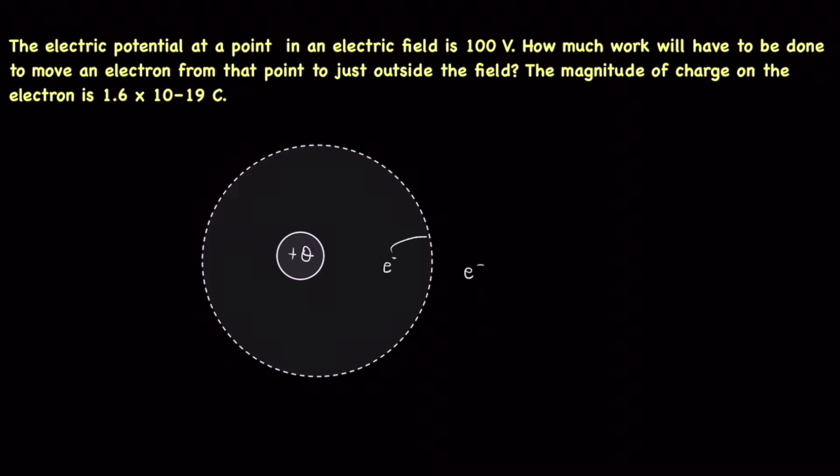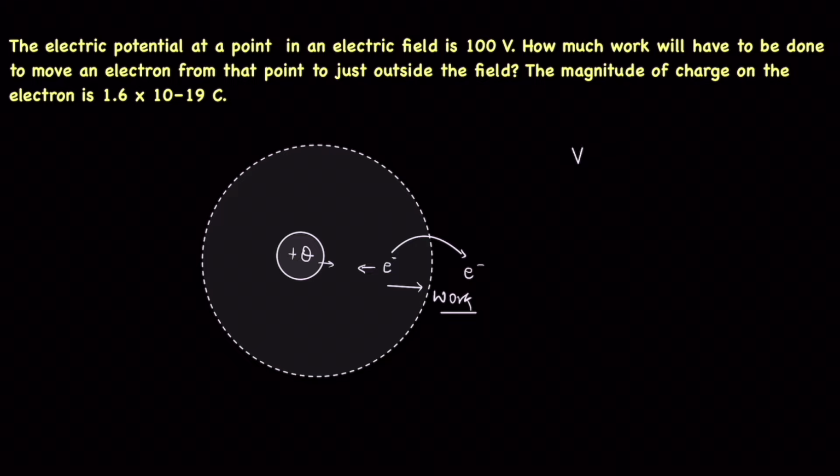We know that plus and minus charges attract each other. So if we need to move this electron outside the electric field, we need to do certain work. We have to find how much work is required to move this electron outside the electric field.